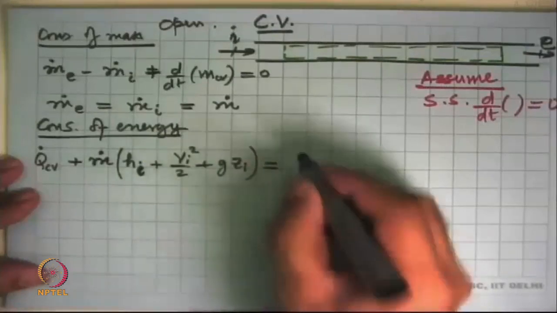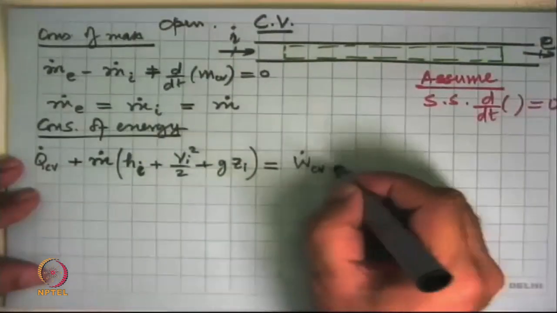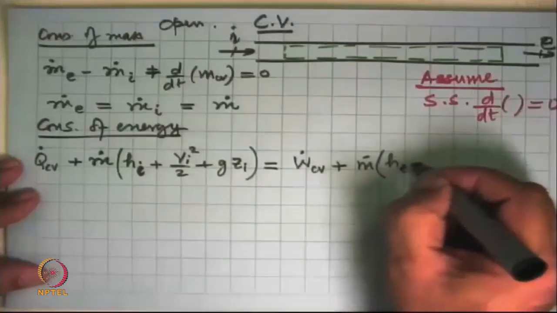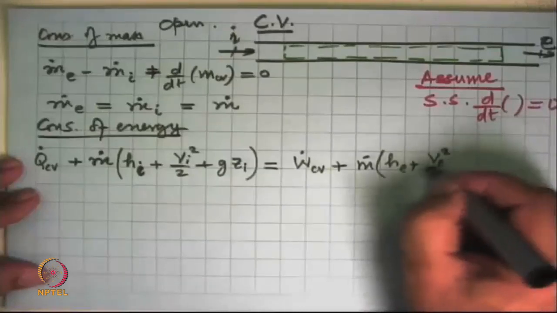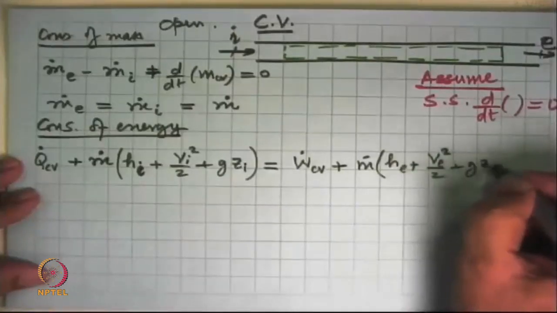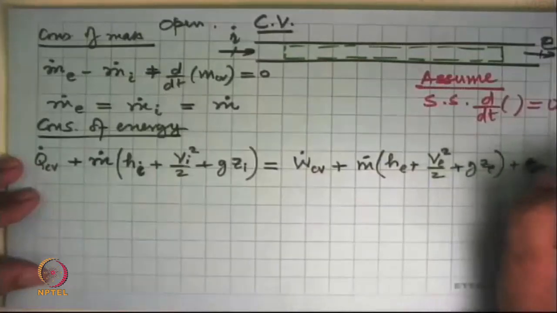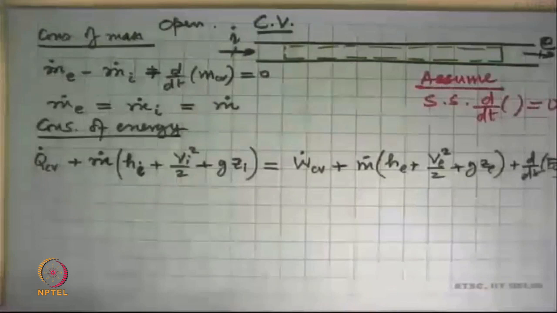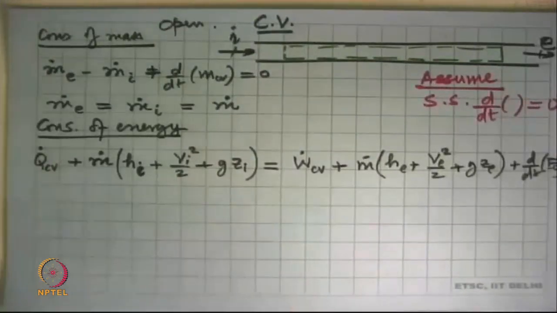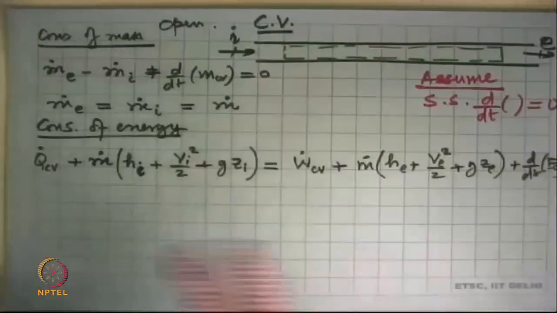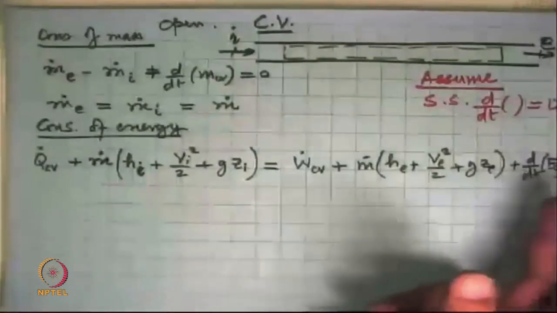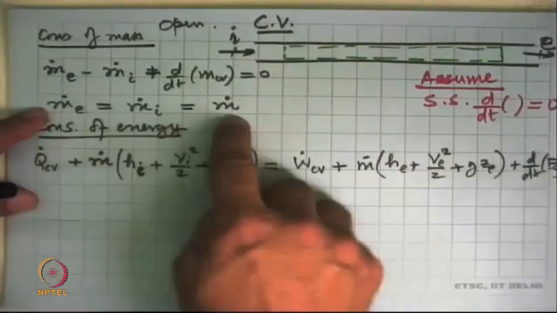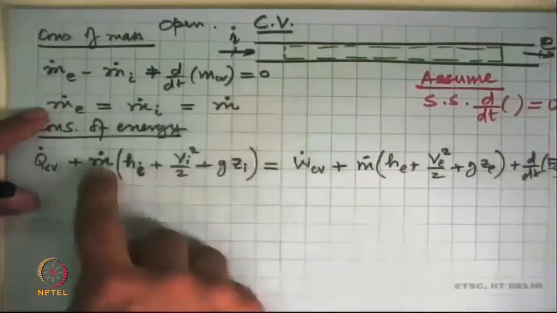This is equal to W dot CV plus m dot into HE plus VE square by 2 plus g ZE plus rate of change of energy in the control volume. So coming from the most general equation that we have derived, that summation sign is gone because there is only one inflow, one outflow, and instead of m dot E and m dot I, since there is only one inflow and outflow, this m dot has come over here.